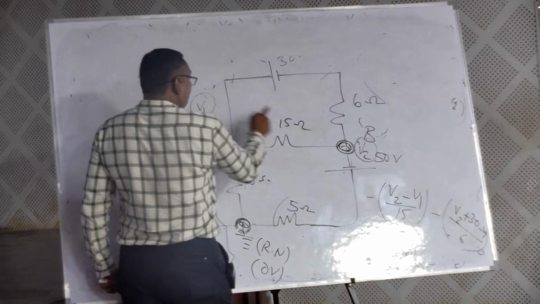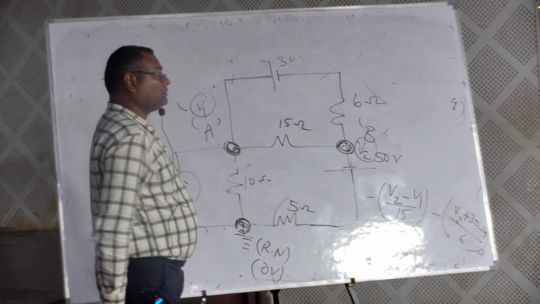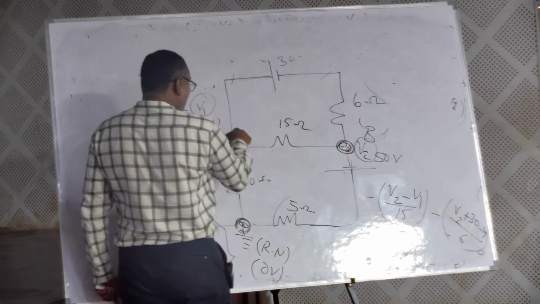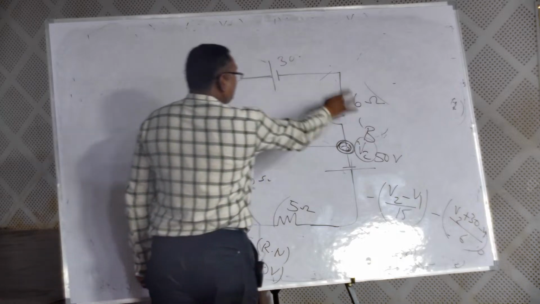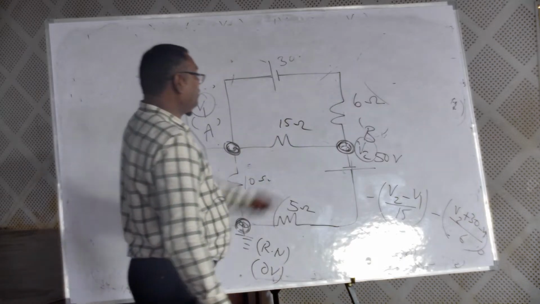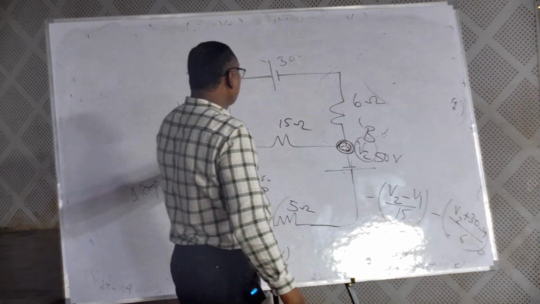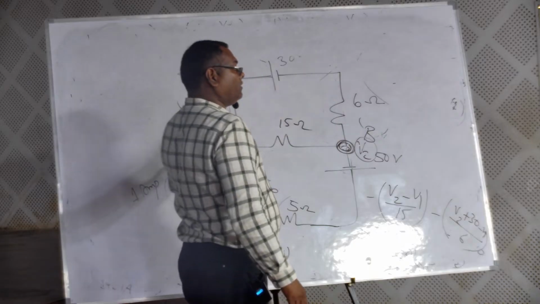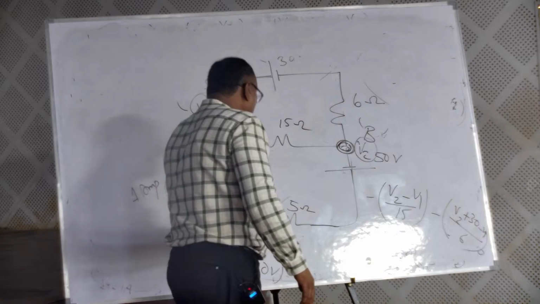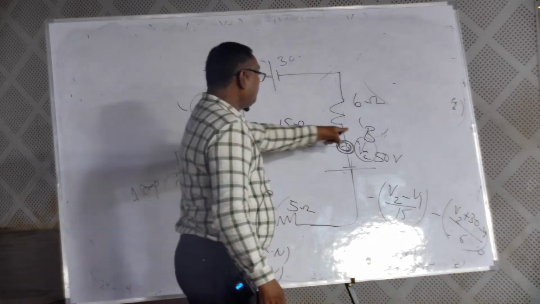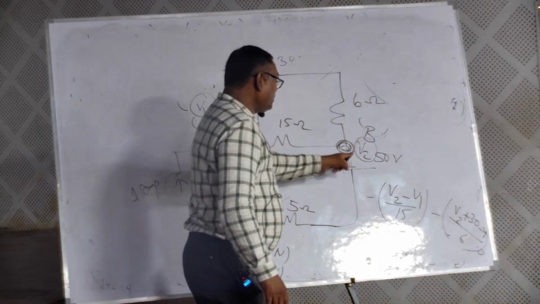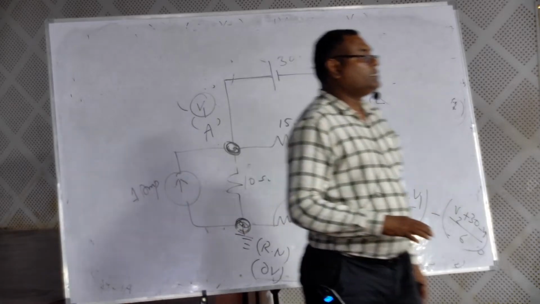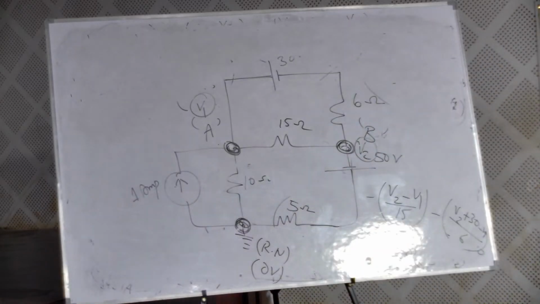V2 minus V1 by 15, minus of V2 minus to plus 30, lower potential, minus V1 by 6, and minus of V2 plus 50 by 5 is equal to 0. Get equation 2.